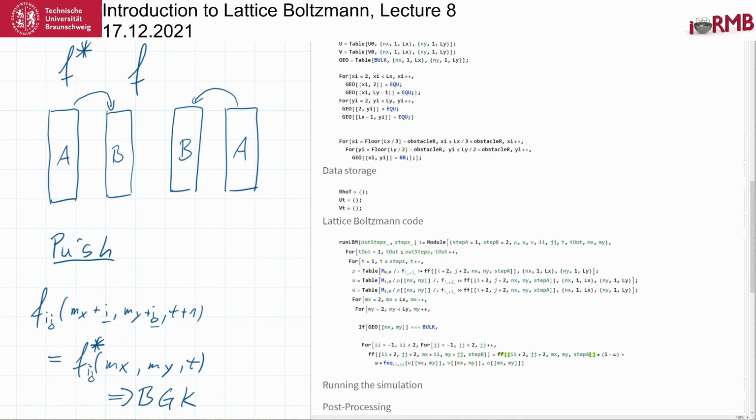And then we have a system that is AB to BA to AB to BA, where these two arrays always change their name, and by so doing we can implement the streaming inside the collision.